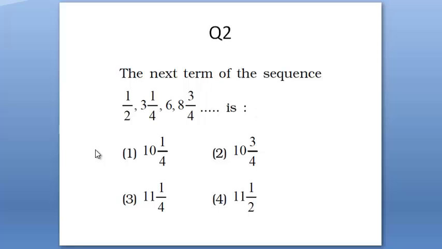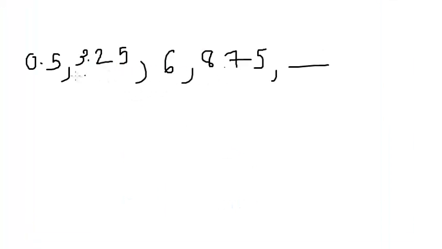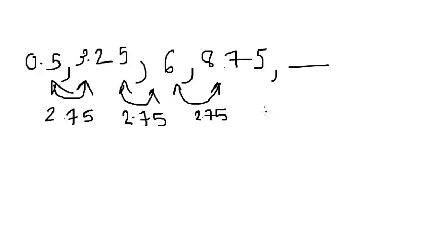So basically, once you write it in its decimal form, it'll be like this: 0.5, 3.25, 6, and 8.75, and the difference being 2.75. So in each case, the difference is 2.75, which will give us the final answer.